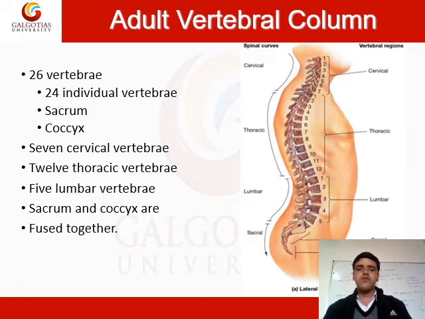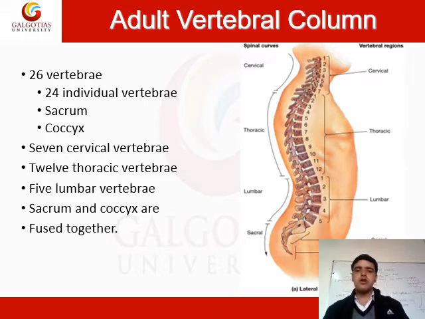Out of the 24 individual vertebrae, there are 3 distinct regions. Seven vertebrae present in the cervical region are termed cervical vertebrae. Twelve vertebrae are present in the thoracic region, and they are termed thoracic vertebrae.